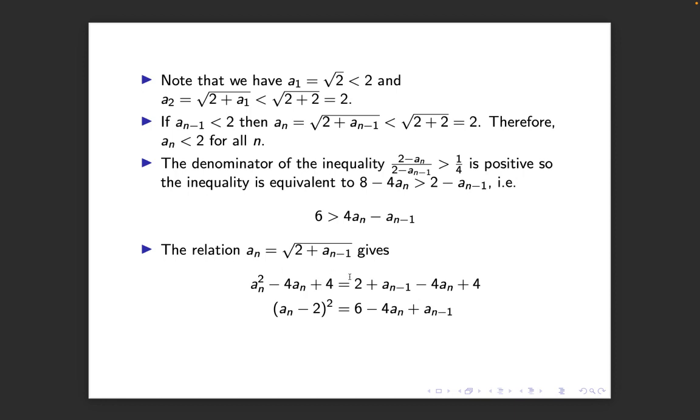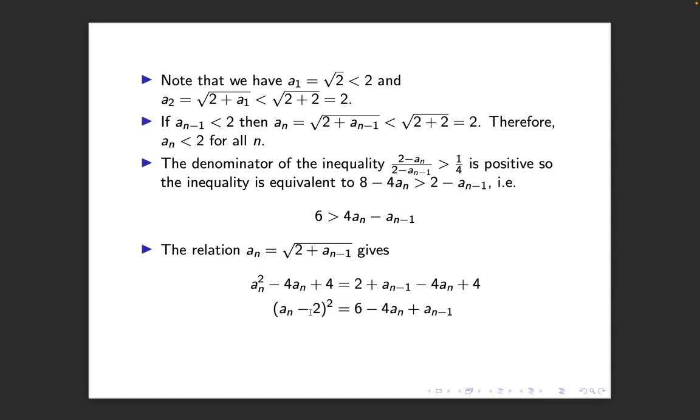So a_n squared is equal to 2 plus a_(n-1). And then we subtract 4a_n from both sides and add 4 to both sides. The left-hand side now becomes a complete square. (a_n minus 2) squared is equal to 6 minus 4a_n plus a_(n-1).